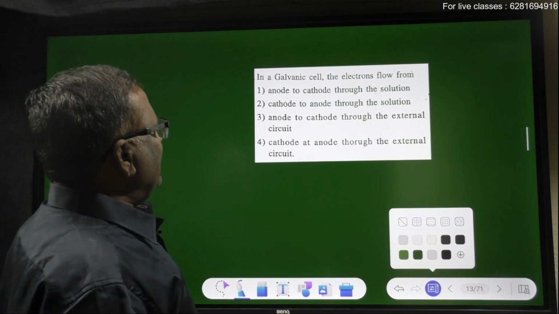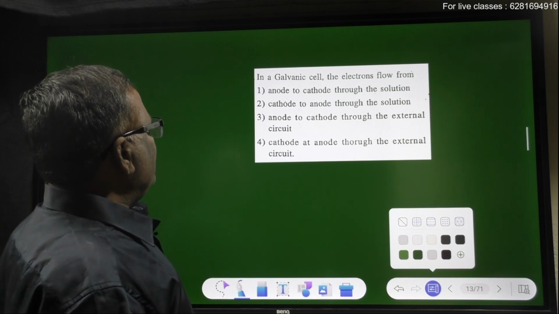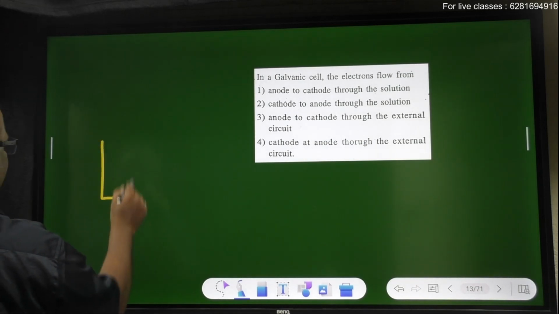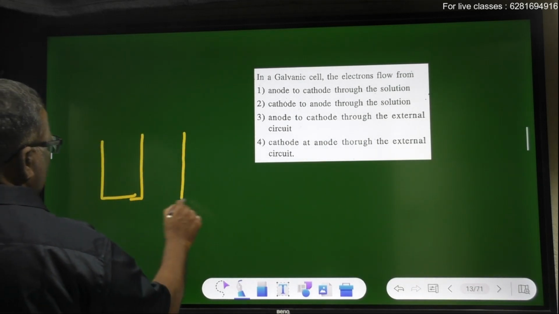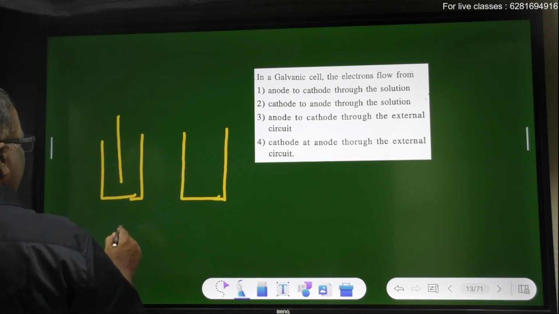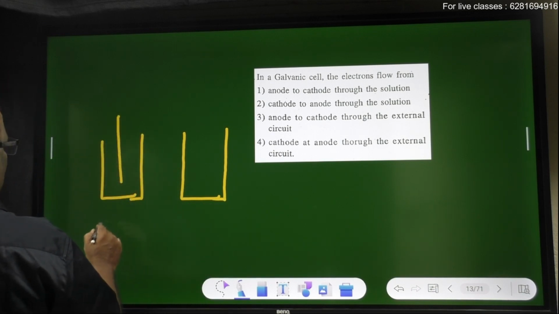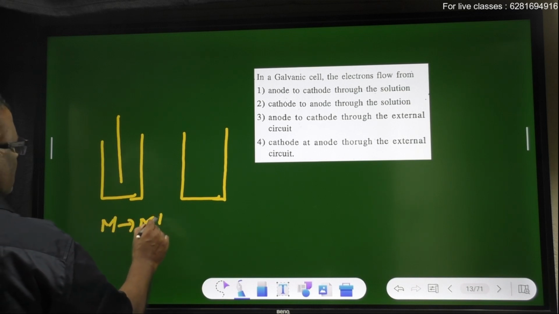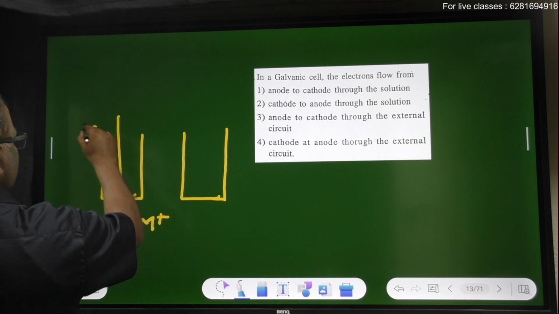In a galvanic cell, we have an anode half cell and a cathode half cell. At the anode, we already discussed that oxidation takes place. When oxidation takes place, metal is converted into metal ion, so electrons are released here.